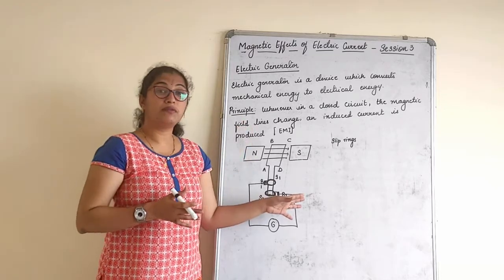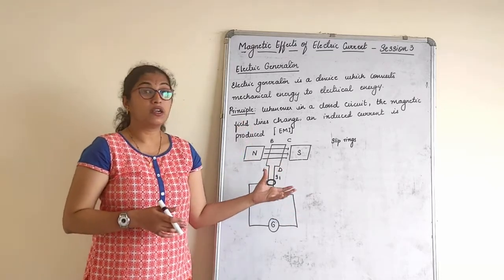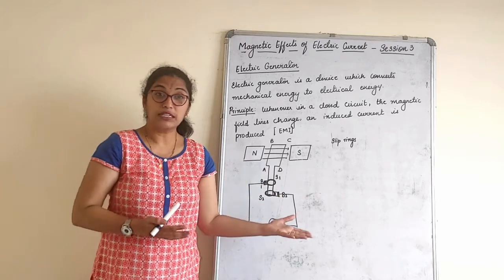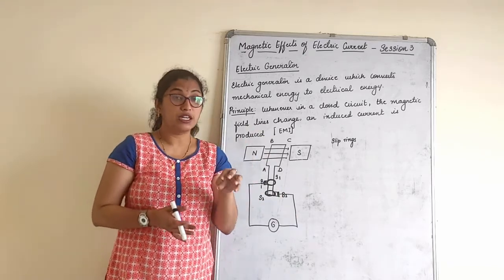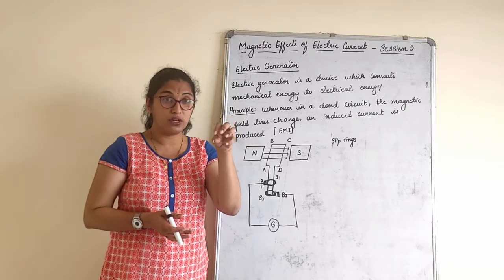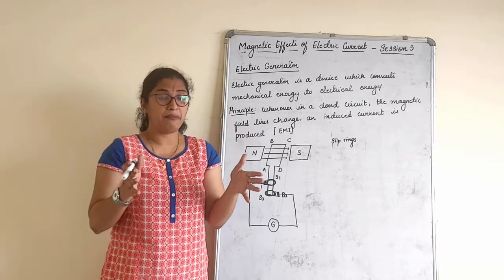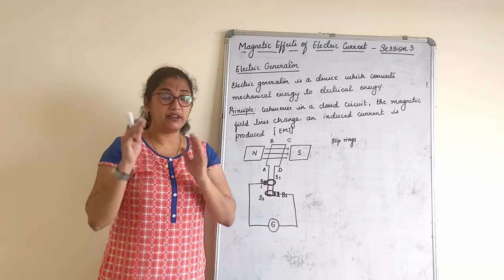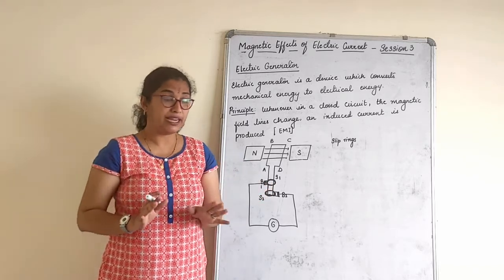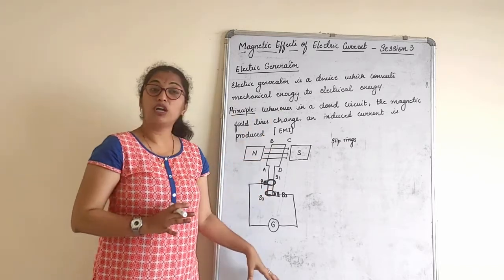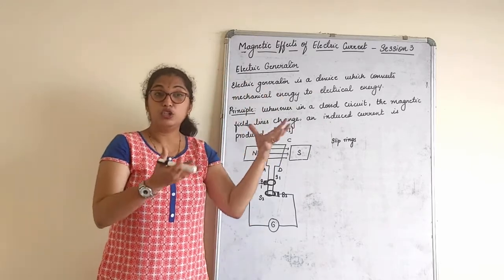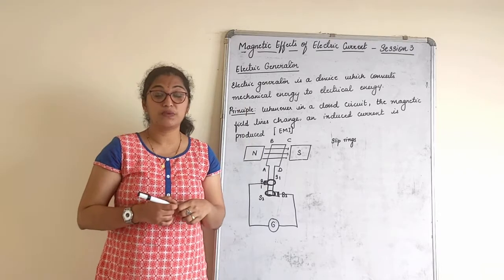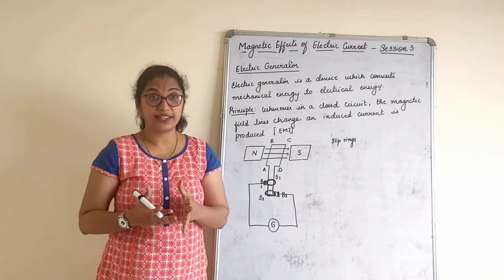Now, when we talk about this generator, this is not a generator which you and I use at home. But our generator, the inverter, as we call it, also works on the same phenomenon, where energy is stored in the form of a battery that gives us current whenever there is no power supply, right? But the main thing we talk about is how it works in the power station where the current is generated, right?